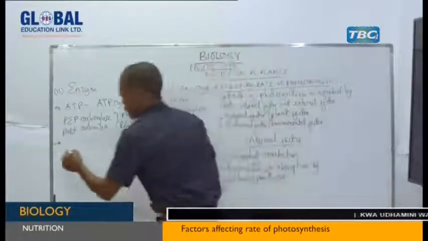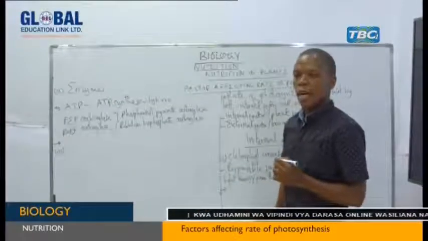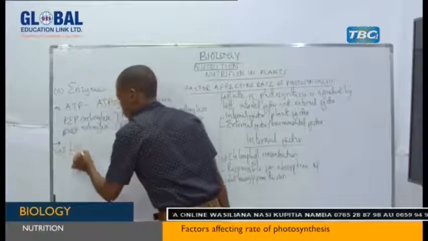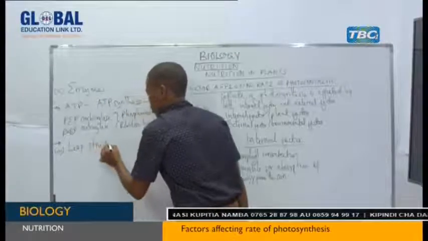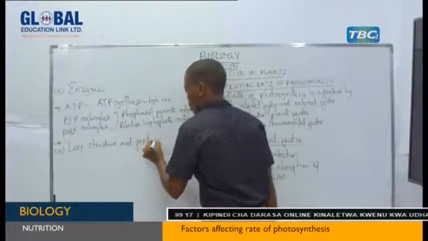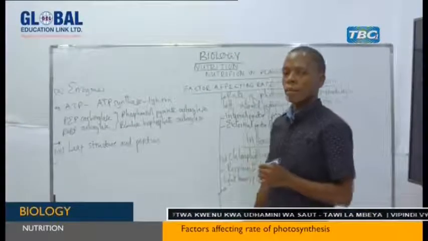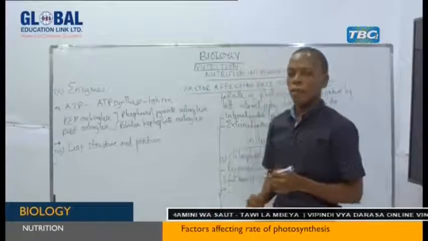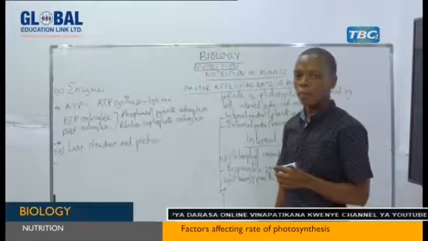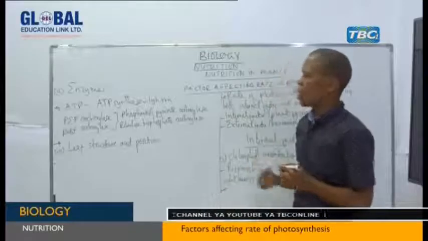Another factor is leaf structure and position. The structure of the leaf has an effect on the rate of photosynthesis. Position of the leaves again has an effect.